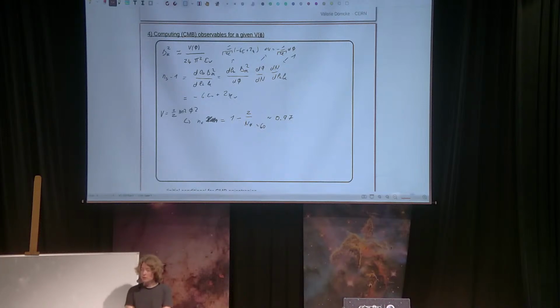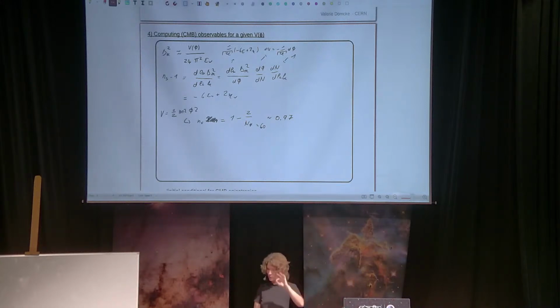We do actually quantize space-time, because, as we said yesterday, we consider fluctuations both in a scalar field and in a metric. Fluctuations in a metric, and we saw we have 5 scalar degrees of freedom in the metric plus the scalar field, and then we saw that actually only one of them is dynamical, and we're computing the scalar power spectrum for that one dynamical degree of freedom.